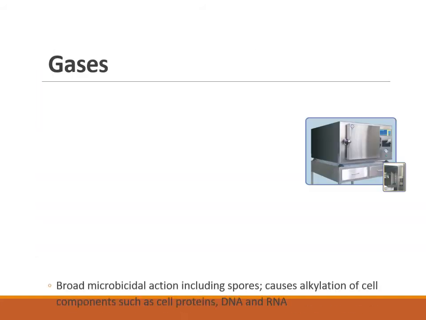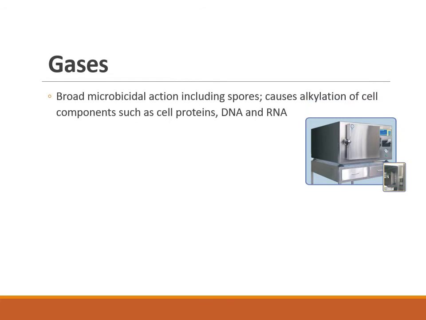Then gases. They have a broad microbicidal action that includes spores, and cause the alkylation of cell components such as cell proteins, DNA and RNA. They directly attack the cell proteins, DNA and RNA and kill the microorganism.